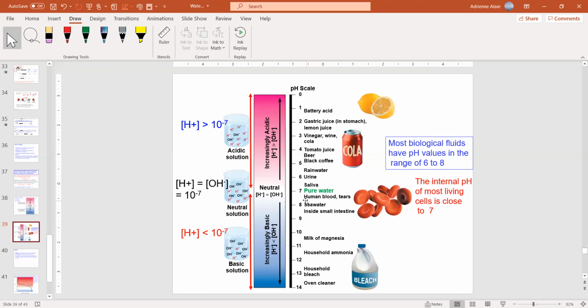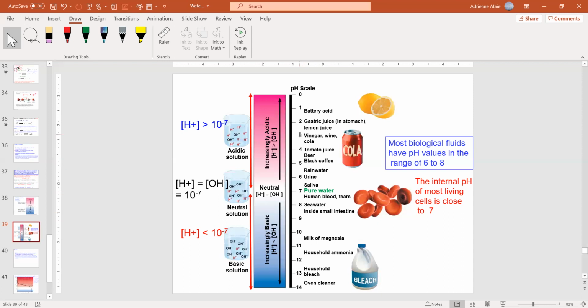What's important, though, is that between every pH number is an order of 10. So in other words, 9 is not twice as basic as 7. It's 100 times. And if we go in the opposite direction, black coffee at 5 is 100 times more acidic than neutral. And tomato juice is 10 times more acidic than black coffee.